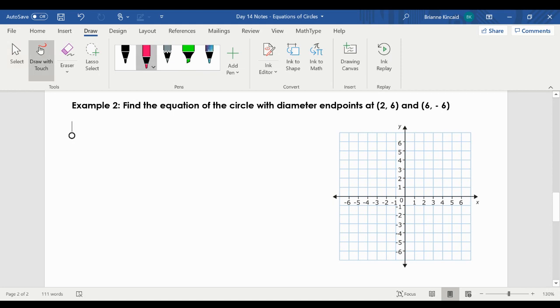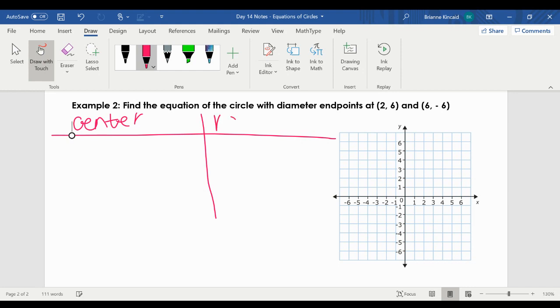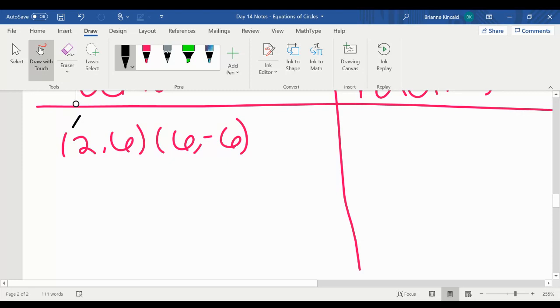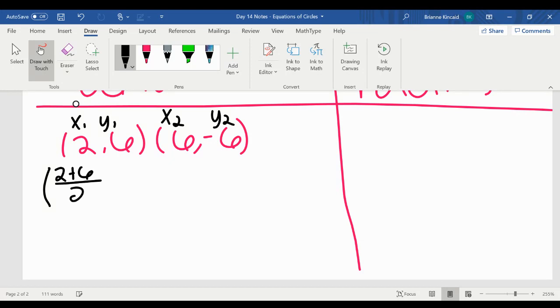Alright, for the next one, I'm going to start the exact same way. I need to find the center and then the radius. So the points we're given are (2, 6) and (6, negative 6). Labeling like we did before, x1, y1, x2, y2, I'm going to plug it into my midpoint formula. 2 plus 6 divided by 2, and 6 plus negative 6 divided by 2.